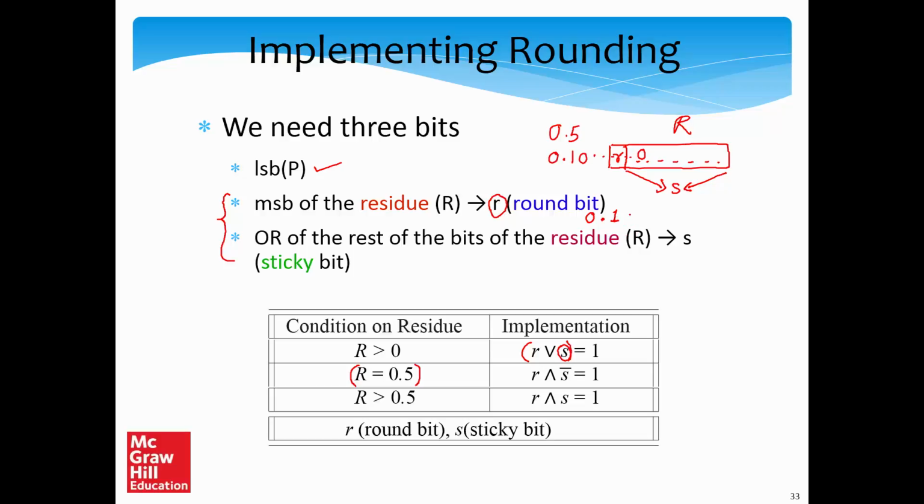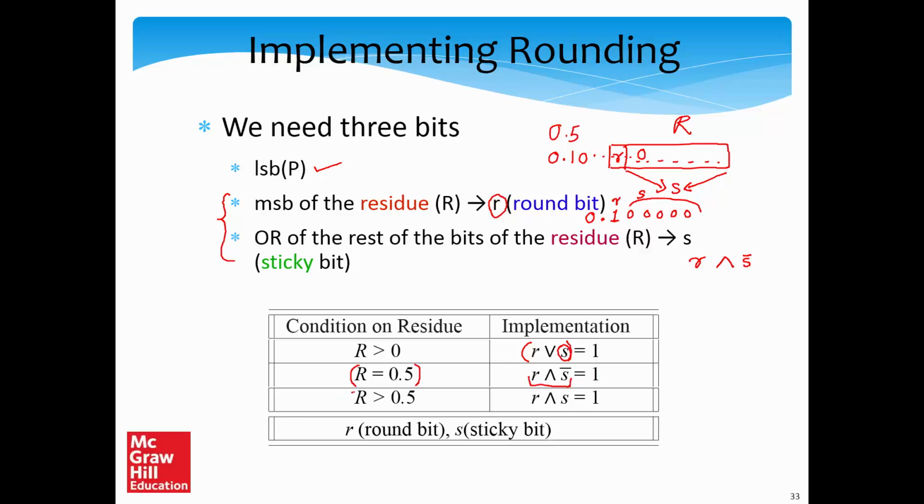So the R bit will be equal to 1, but all of these bits will be equal to 0, so their OR will also be 0. So the condition is that R is 1 and S is 0, which can be inferred as S complement being 1. So the condition is R AND S complement equal to 1.